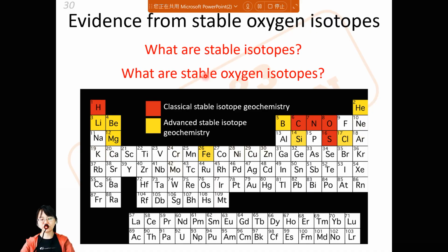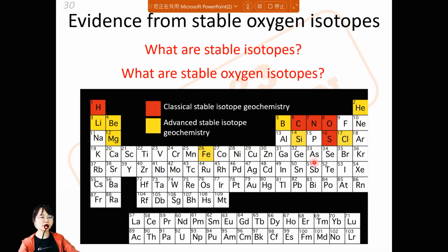Here, I have a periodic table where we have this classical stable isotope geochemistry that generally involves hydrogen, carbon, nitrogen, oxygen, and sulfur. In this department, several of the faculty members work with these isotopes. Like I work mostly with carbon isotope and sometimes with nitrogen isotope. Yongbing works with hydrogen isotope and oxygen isotope.